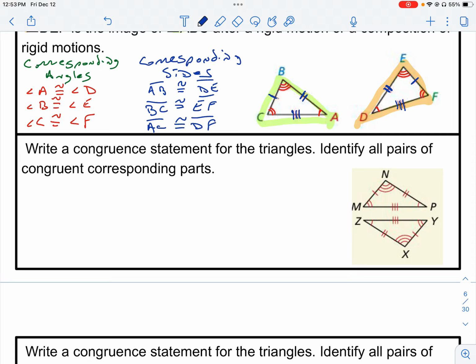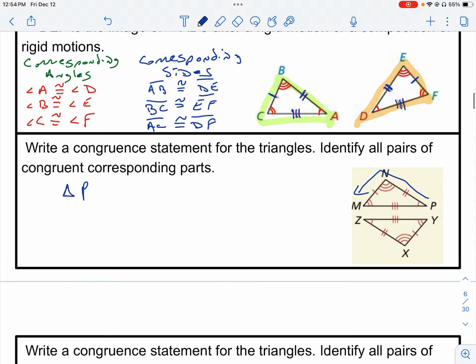So let's start at point P and go counterclockwise. So let's go this way and start with triangle PNM. And we could call it triangle MNP, triangle PMN, triangle NMP. Doesn't matter, it's the same triangle.